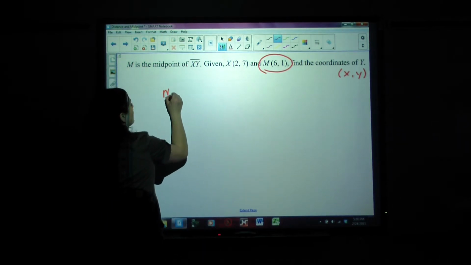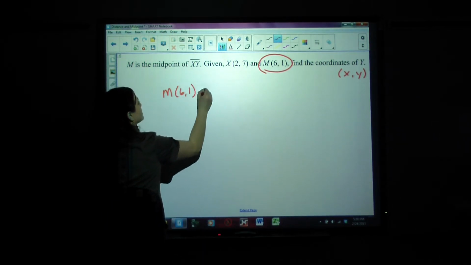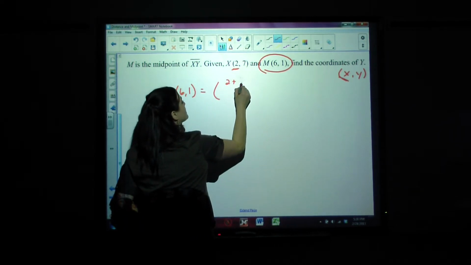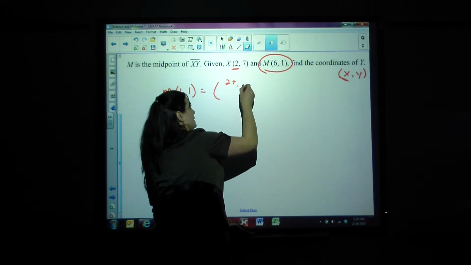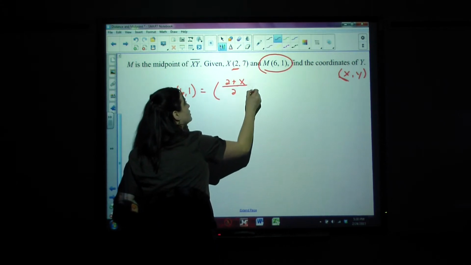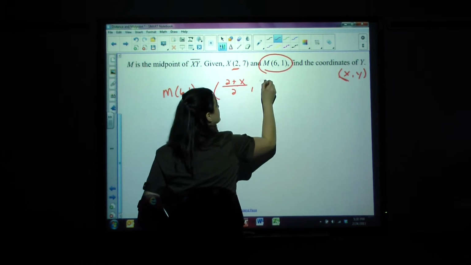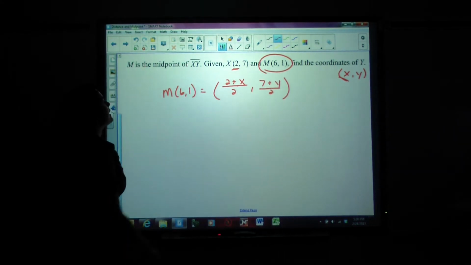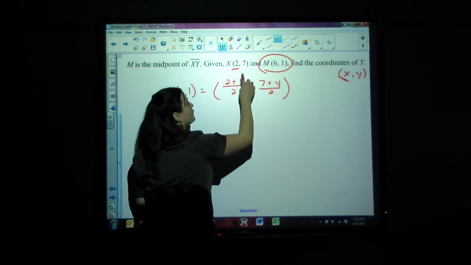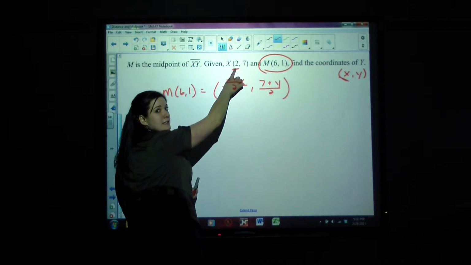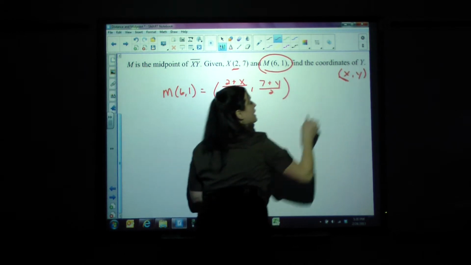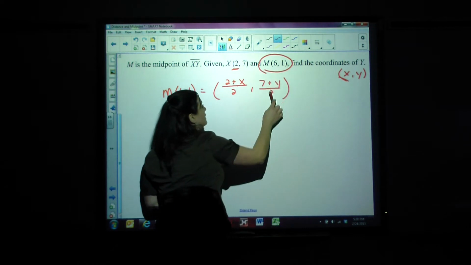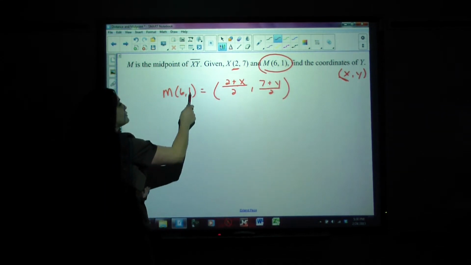I know my midpoint, which is 6, 1, is going to be found by adding my x's, 2 plus x divided by 2, and then the y's, 7 plus y divided by 2. So what I know is that when I use the midpoint formula, when I average the x's and then find the average of the y's, my answer should be 6, 1.